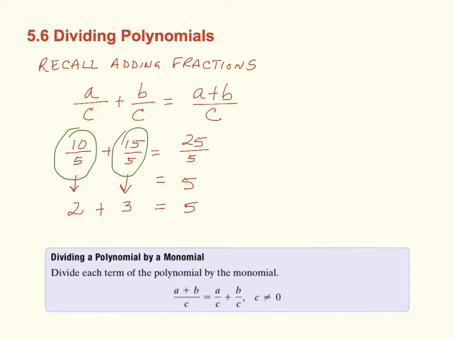So what it's saying is if you have two terms on the top of a fraction and one term at the bottom, a monomial, then you can divide every term in the numerator by that one term in the bottom. We can break it up into several different parts as long as the denominator is not 0.